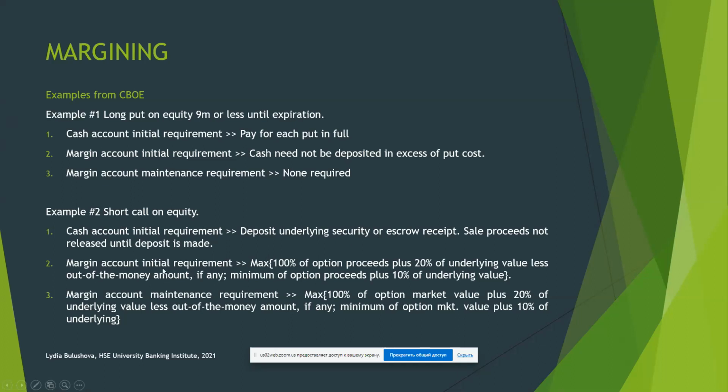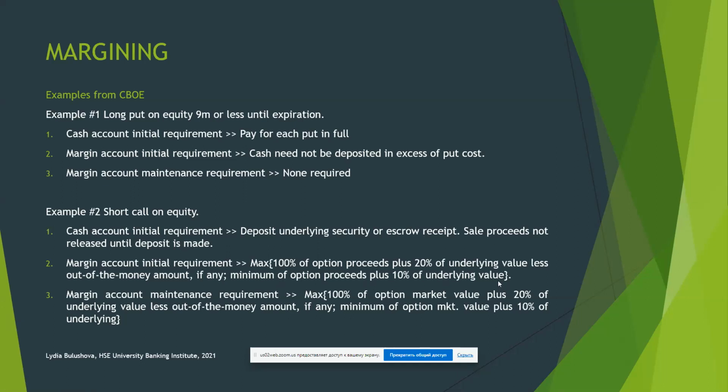As for the margin account initial requirement, that is the maximum of option proceeds plus 20% of underlying value less out-of-the-money amount, and the minimum of option proceeds plus 10% of underlying value. Underlying value, what is underlying? A stock. What is underlying value? A stock value. How do you get a stock value?